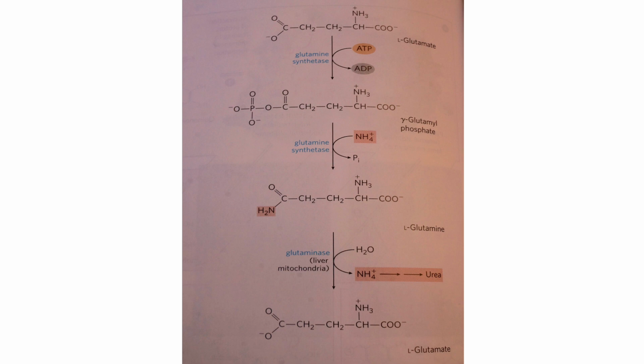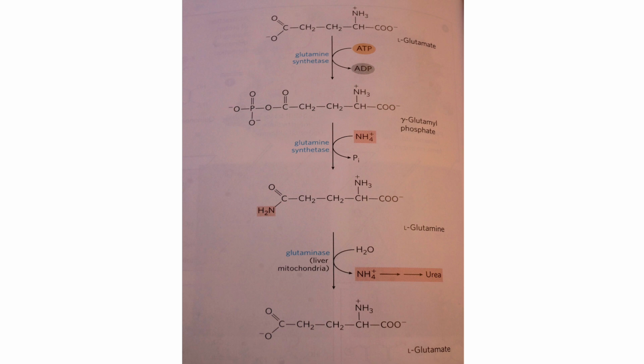ATP is the energy-requiring step. You get this entity formed at this carbon here, an ester linkage, and then ammonia comes in. You get amination of this with release of phosphate ion. This is L-glutamine right here, and then the ammonia is cleaved off from this point and enters the urea cycle.